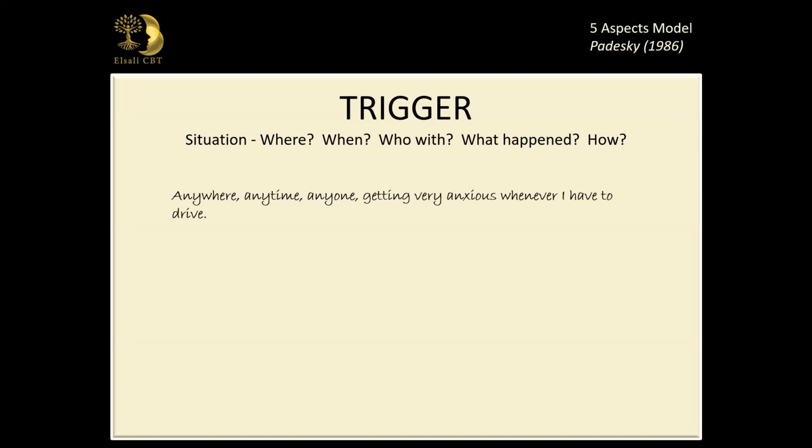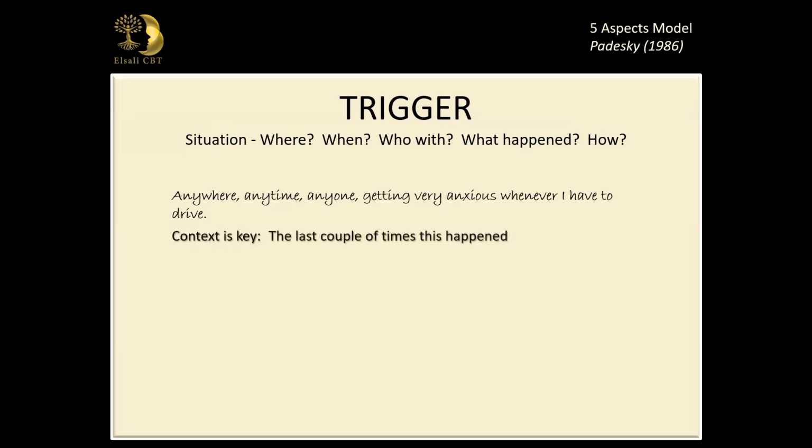So what we want to try and figure out is what is happening specifically at the time when this trigger is being activated. And it might be helpful to think of that in terms of where you were the last time this happened or what you were doing the last time this happened.